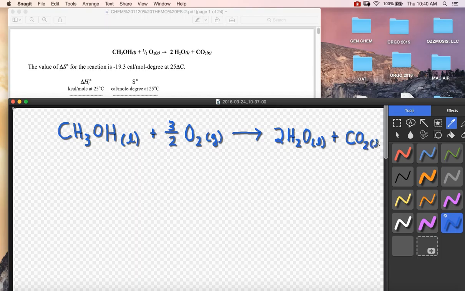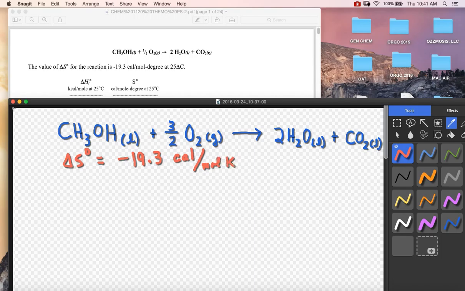So we can consider this to be a complete combustion, because when we combust a carbon compound, we should always get CO2 and H2O as our major products. We're additionally given information that the delta S for the reaction is minus 19.3 calories per mole Kelvin.